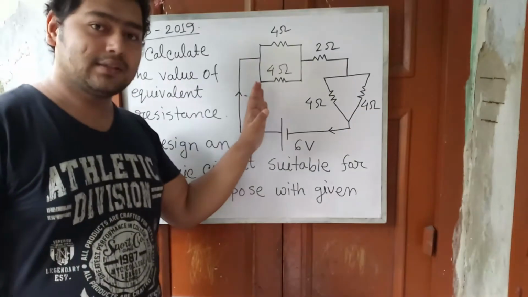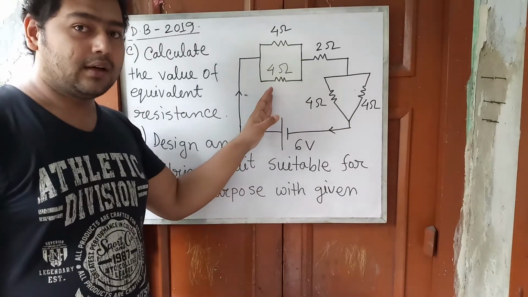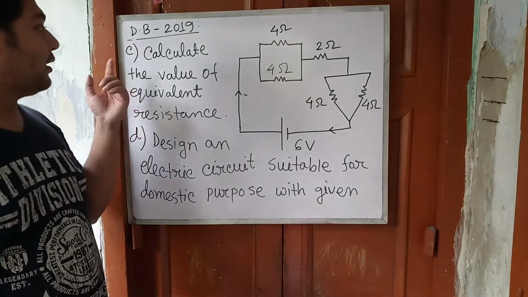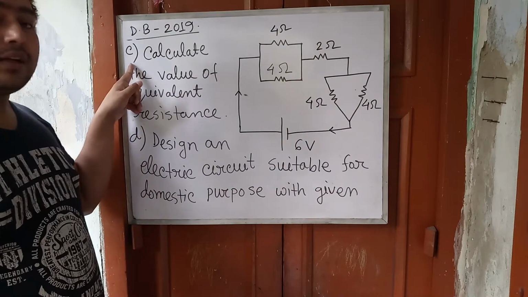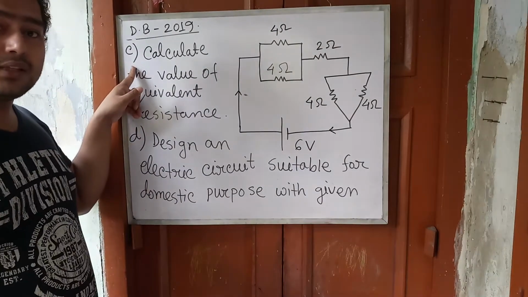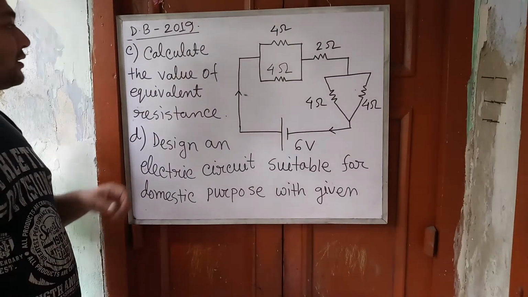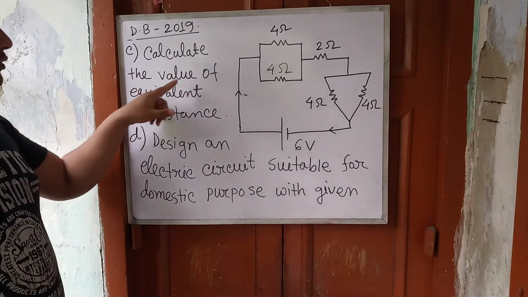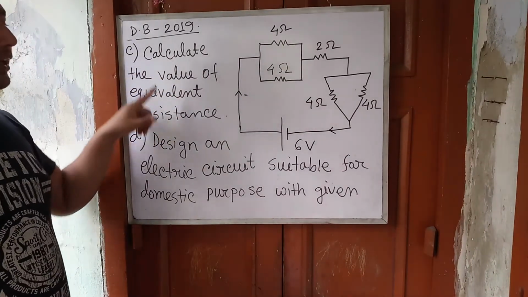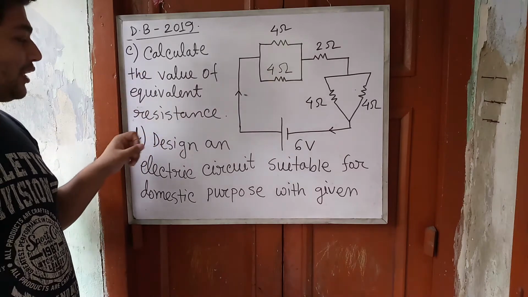You can see this figure. The question is: C, calculate the value of equivalent resistance.